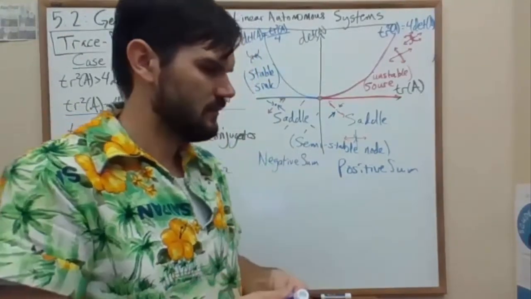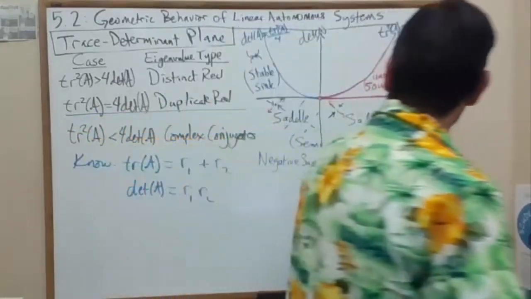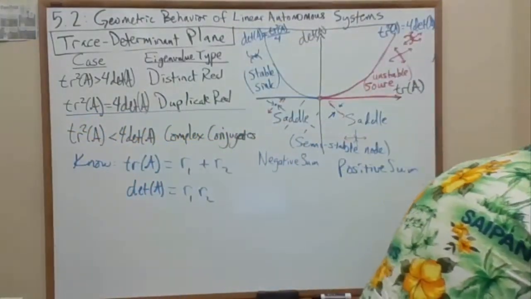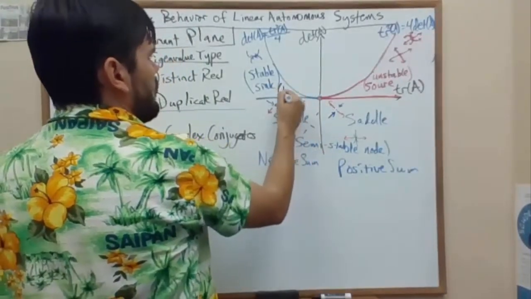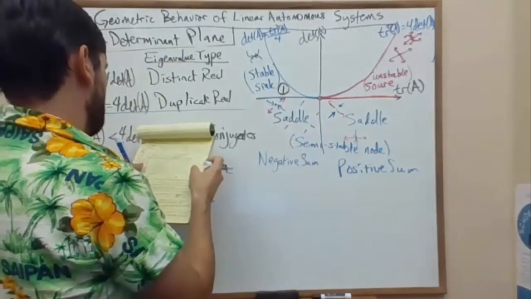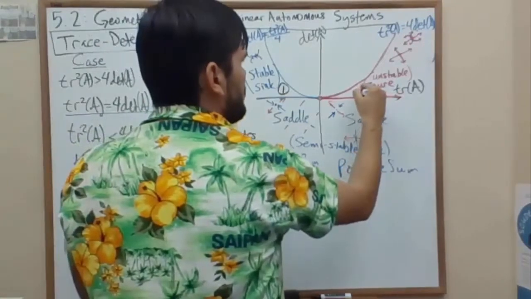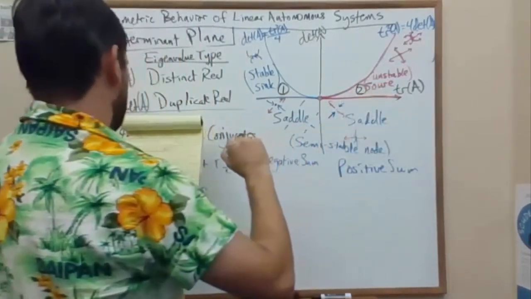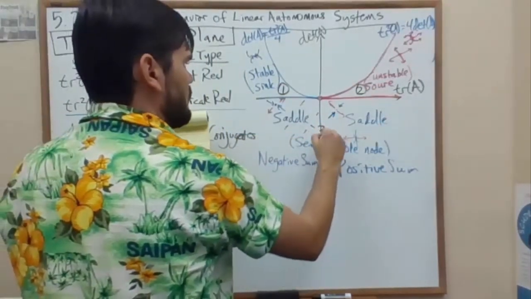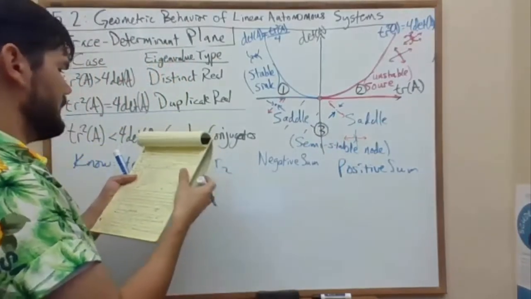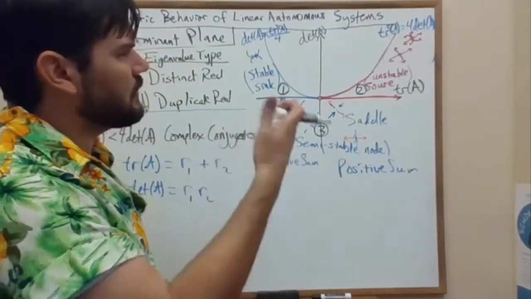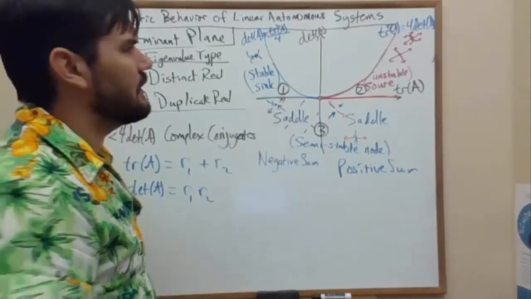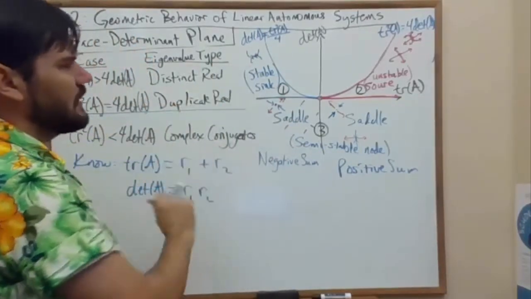And in the table, they label them one, two, three for sinks. And then we have three more regions that describe the complex conjugates.